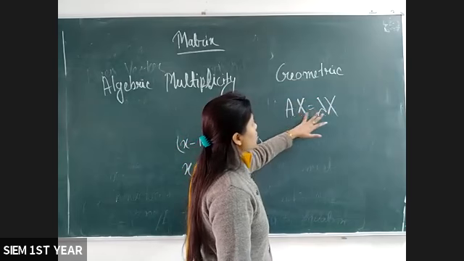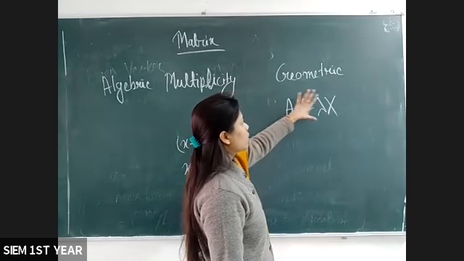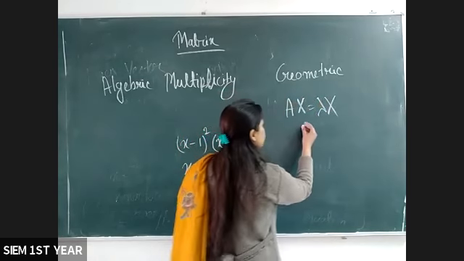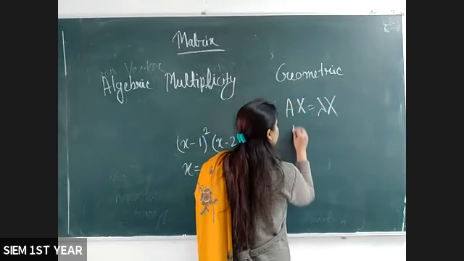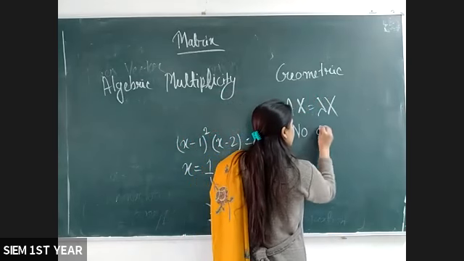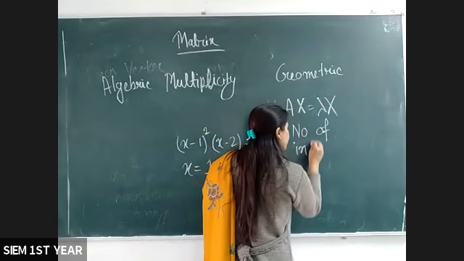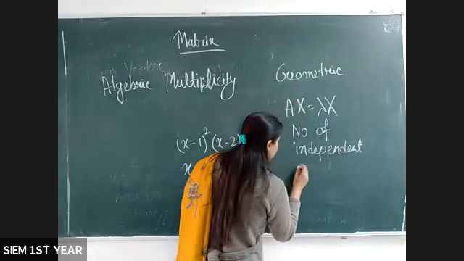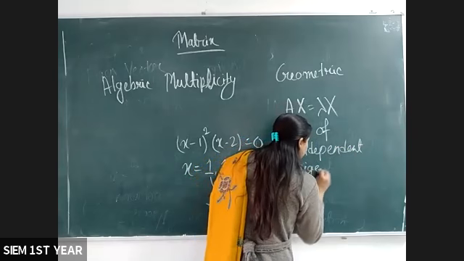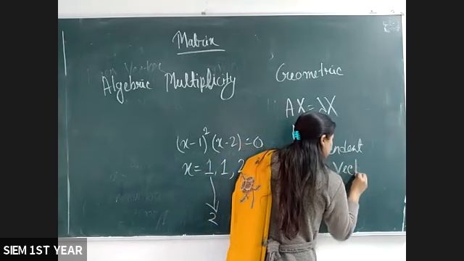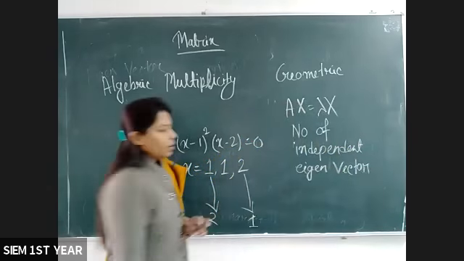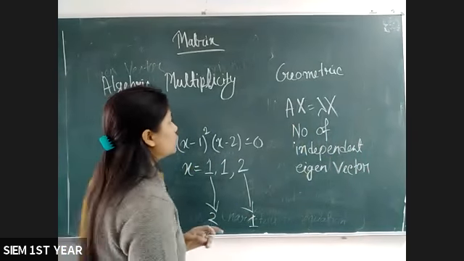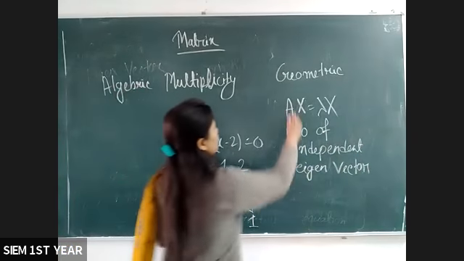Suppose the eigenvectors are independent, then geometric multiplicity is actually the number of independent eigenvectors.